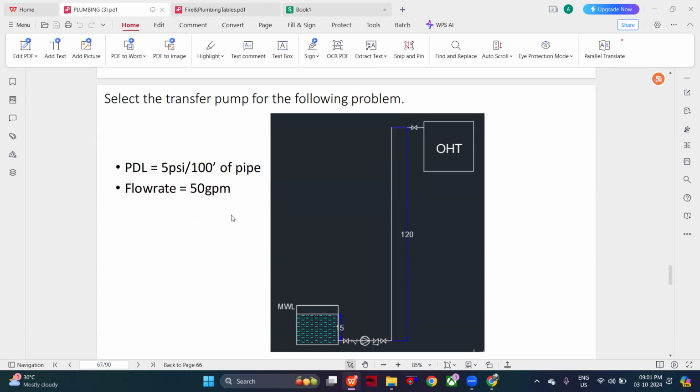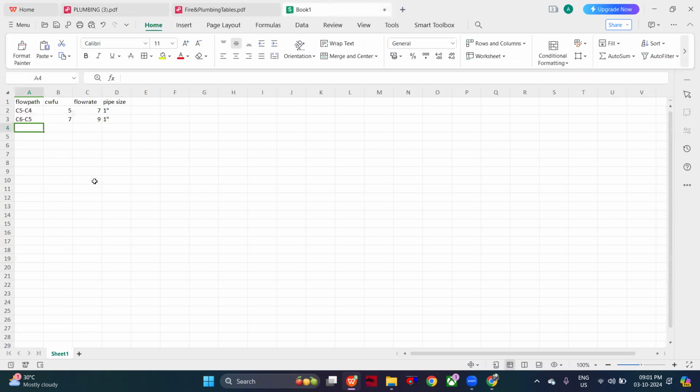5 psi. So I have to maintain 5 psi over the 100 feet of pipe. I can take the flow rate. See, here they took the instant ones. I will give one thing, for a change.